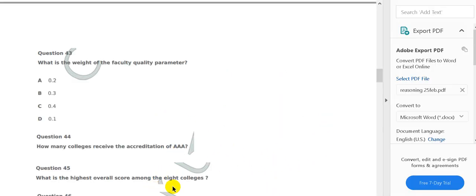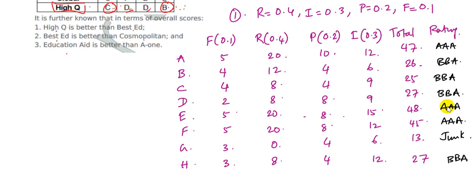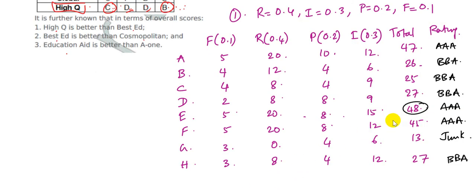What is the highest overall score among the 8 colleges? Highest score among the 8 colleges is 48. And then how many colleges have overall scores between 31 and 40, both inclusive? There is no college between 31 to 40.